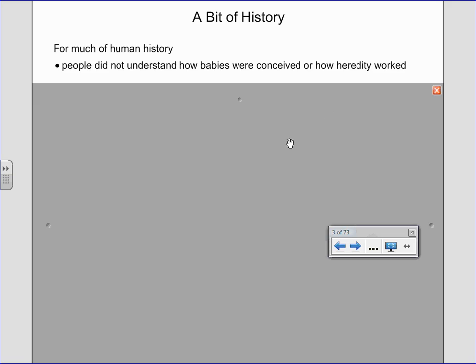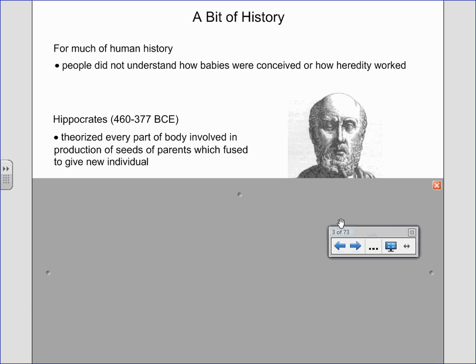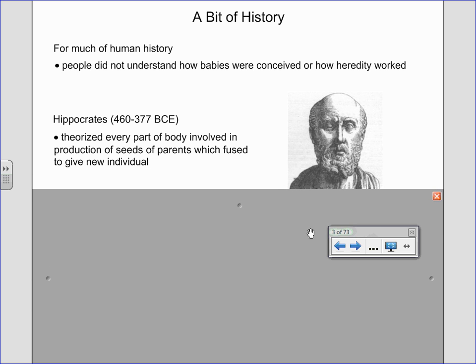A bit of history. I said early on they really didn't know how babies were conceived or where they came from. If you can imagine, way back in the early days, they'd have no idea. Hippocrates thought that each part of the organism came from certain seeds, so seeds of the parents that fused together to form an individual.